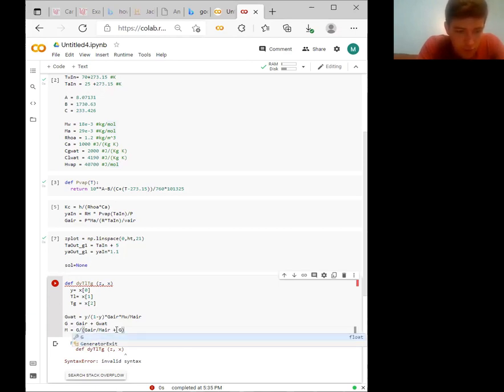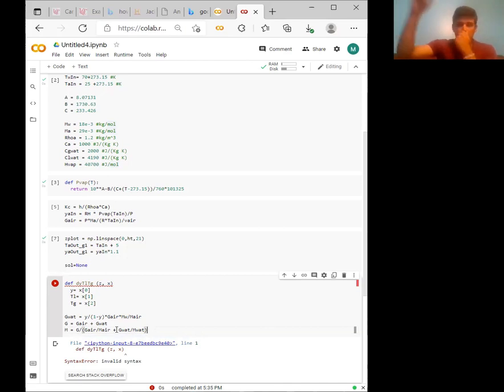So G water divided by M. And that's basically saying the molar flow rate of a component over the molar mass of the component, plus the molar flow rate of a different component over the molar mass of that component, summed together equals the molar flow rate over the molar mass of the system.